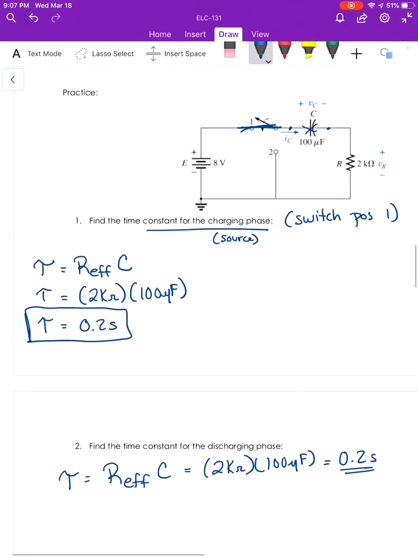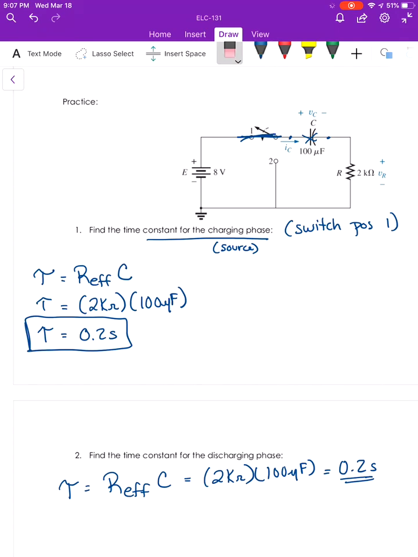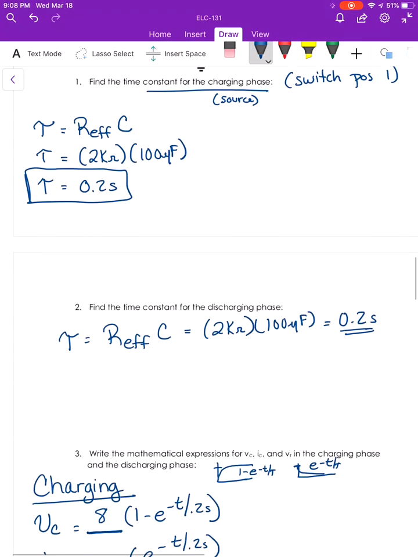I sub C in the charging phase, we're starting with the capacitor looking like a short circuit at that point. So the maximum current there, I'm going to call it I max, is going to be our 8 volts over the 2K.